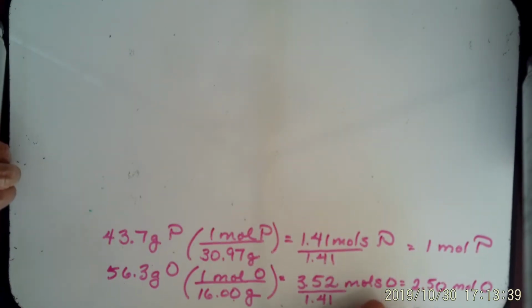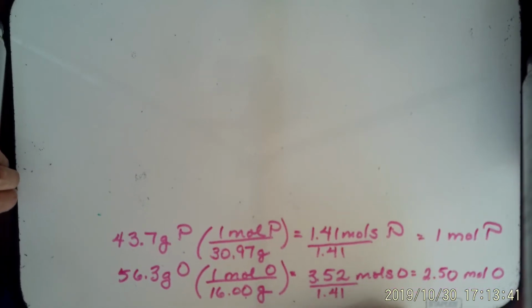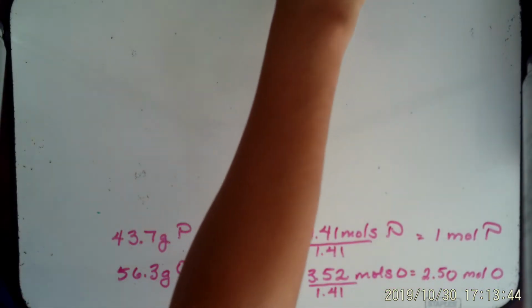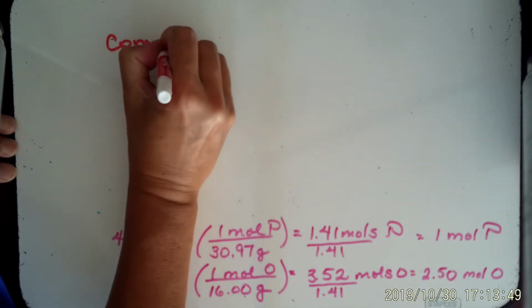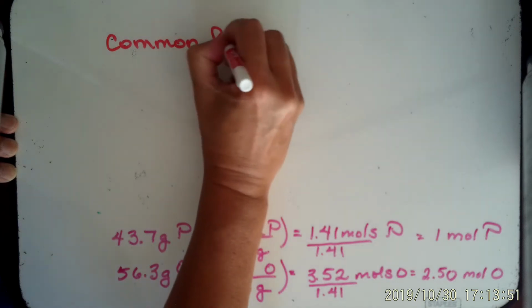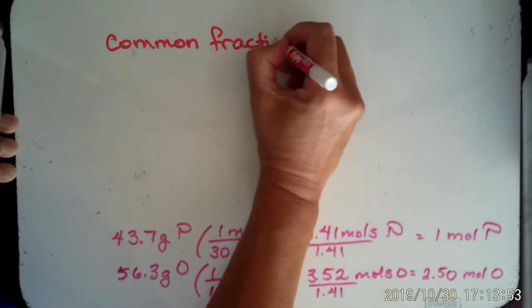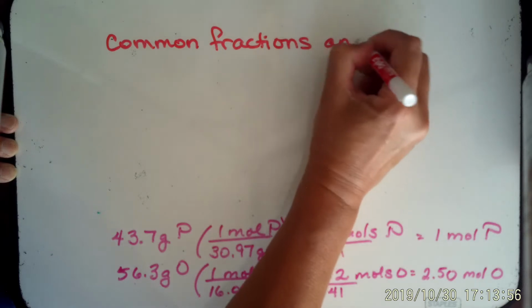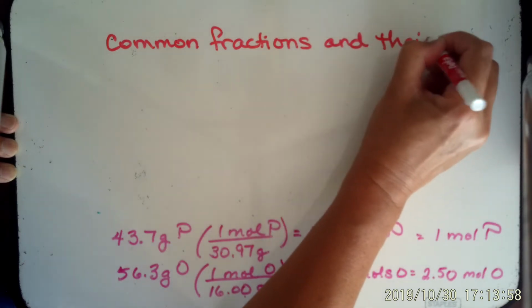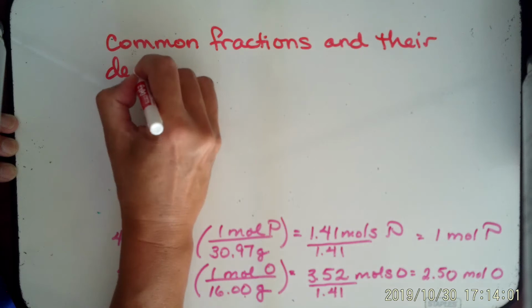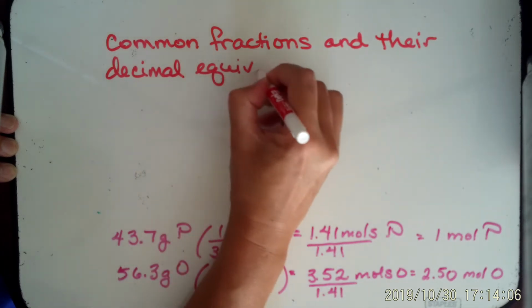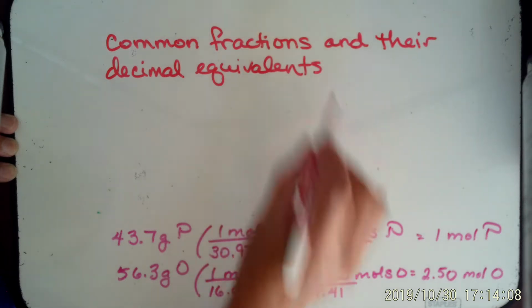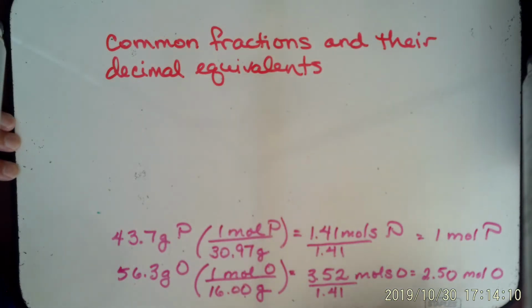If we take a look at common fractions and their decimal equivalents, when we're trying to get a formula, remember all of our subscripts have to be whole numbers.